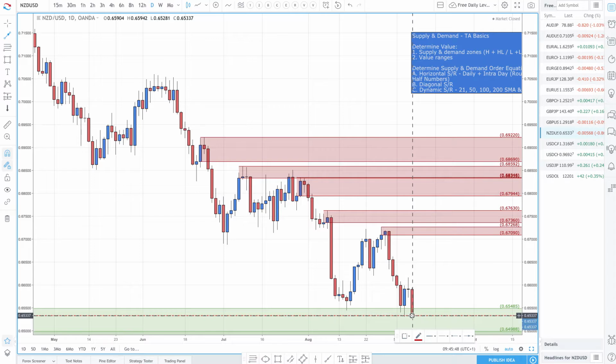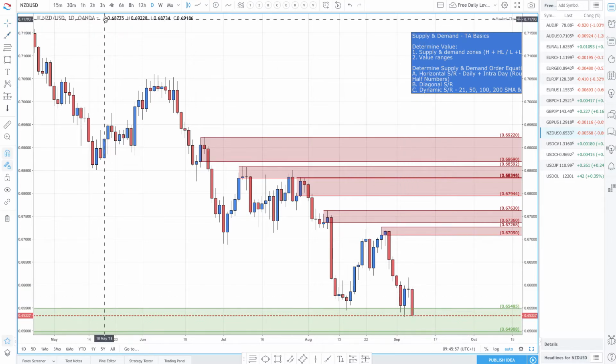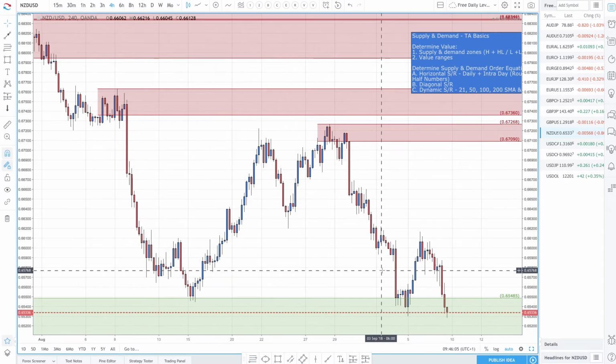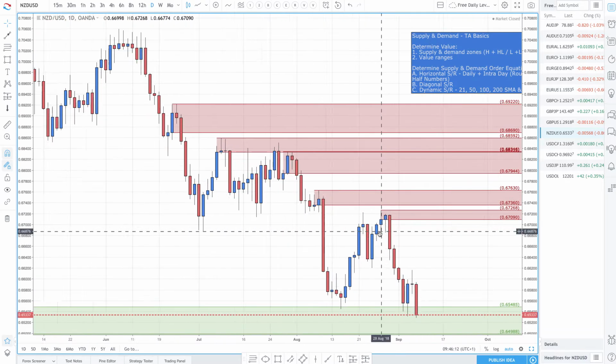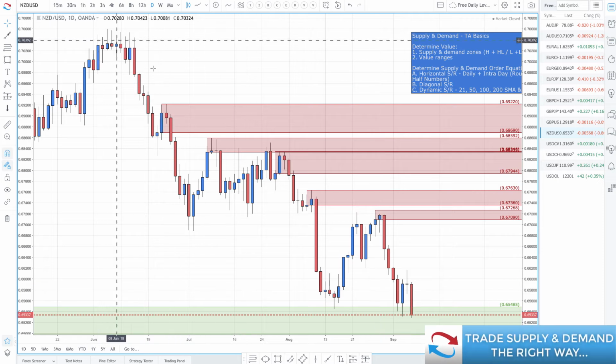So I don't expect this level to hold, but if you do get some bullish price action, and again some negative sentiment towards the US dollar, positive towards the New Zealand dollar, and you get potentially what would be a double bottom candlestick formation, then you may want to take a small position. Again, this is purely a technical setup, as we are in this demand zone, but from a fundamental and sentiment point of view, I'm going to continue to be short on the New Zealand dollar.